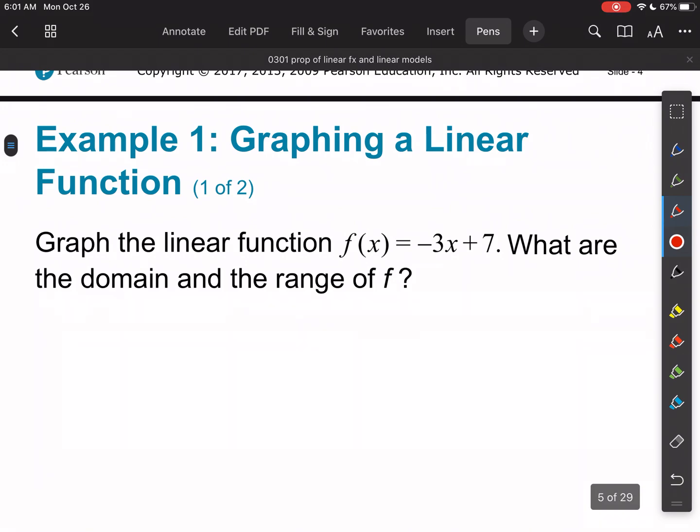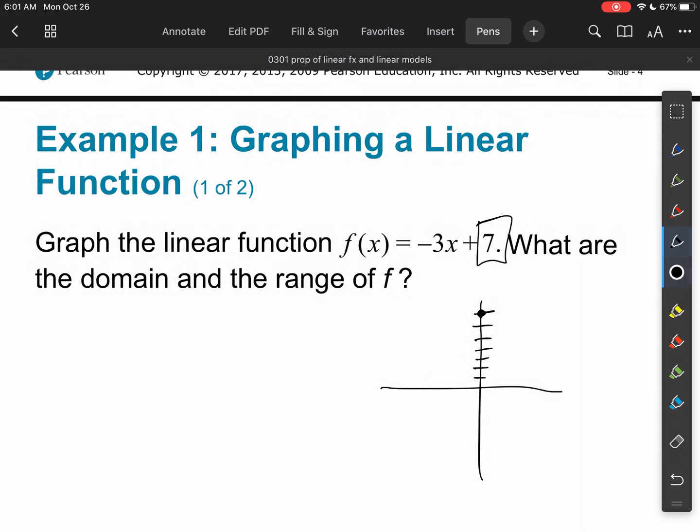Example 1 says, let's graph y equals, or f of x is equal to negative 3x plus 7, and then it asks, what are the domain and the range? Using the strategy I just shared with you, we can go up to 7 and put a point, because that's where we know it crosses the y. This is y, this is x.